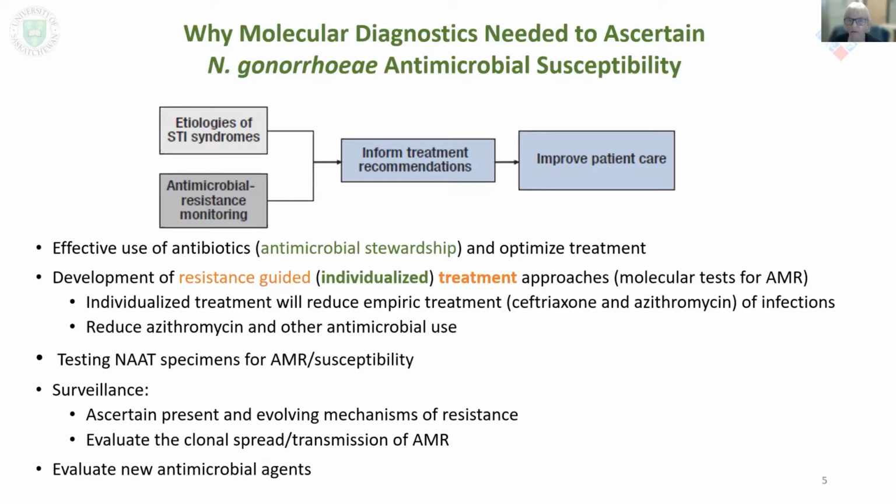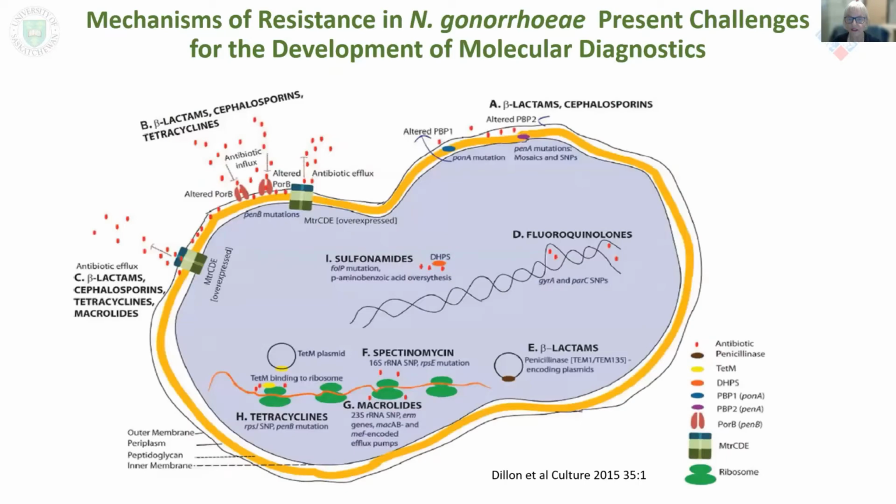And for that, we need molecular tests, testing NAT specimens for AMR or susceptibility, for surveillance, in those cases where we have 85% of the isolates not tested, and even to evaluate resistance in new antimicrobial agents.